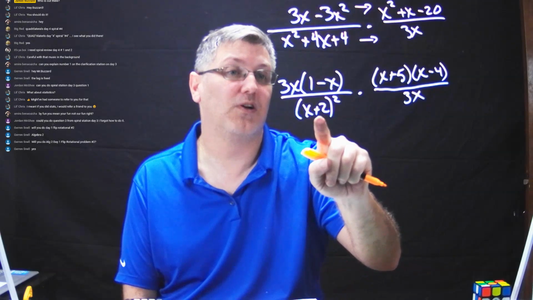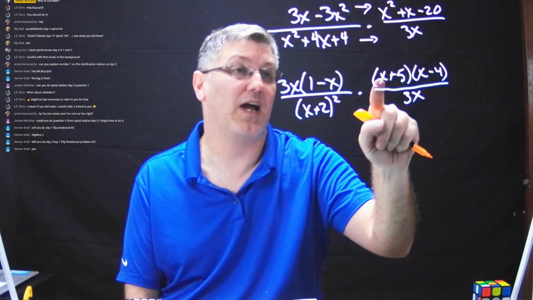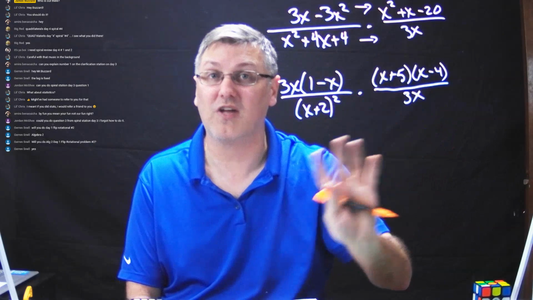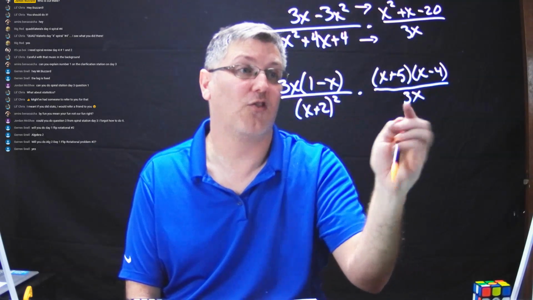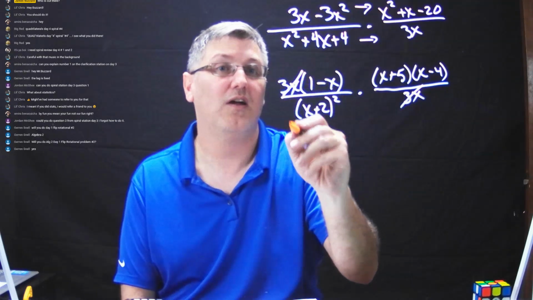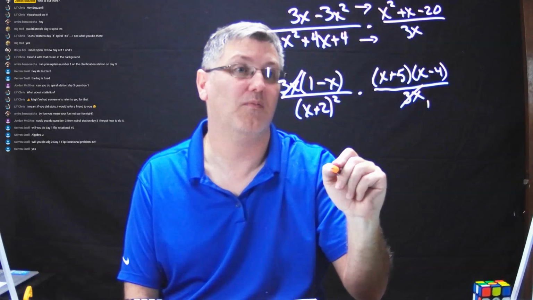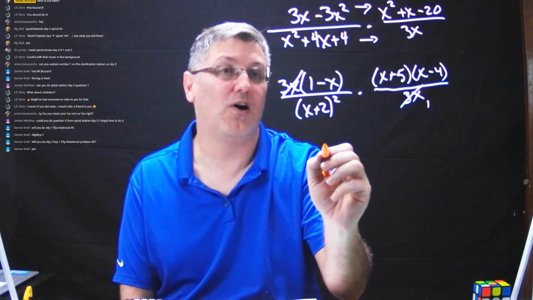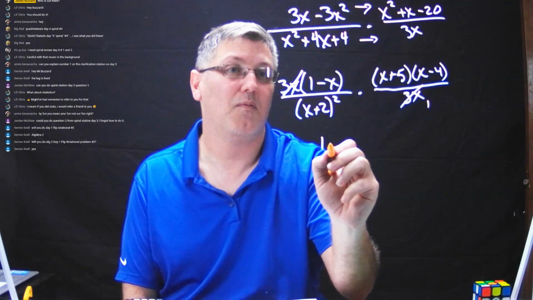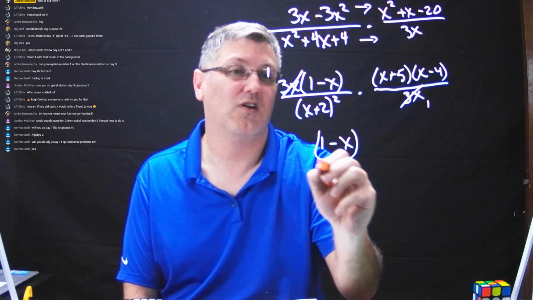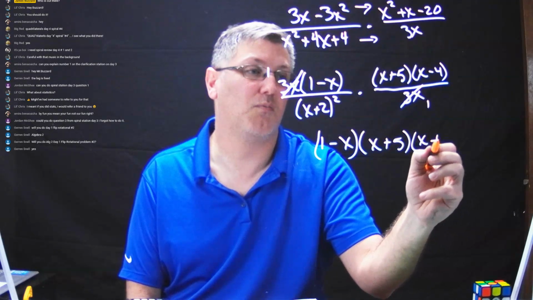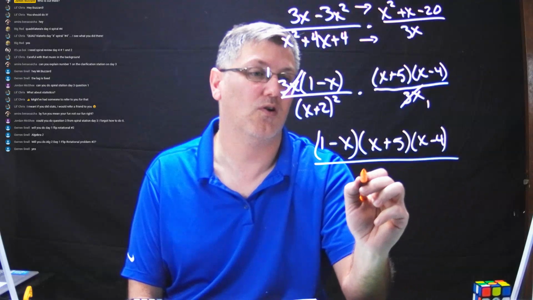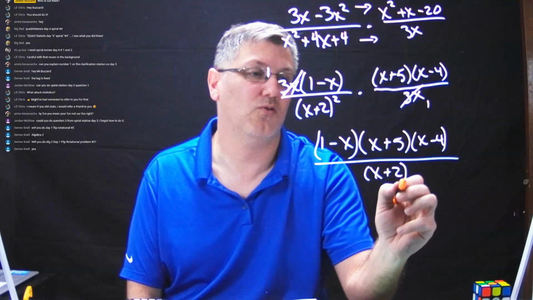I have my (x plus 2) squared, and on the other diagonal, x plus 5, x minus 4. Nothing's the same, so nothing cancels. But if we look at this diagonal, I have a 3x and a 3x. This goes away. This becomes a 1. This becomes a 1. So now when I multiply straight across, I'm just going to get (1 minus x)(x plus 5)(x minus 4) all over (x plus 2) squared.